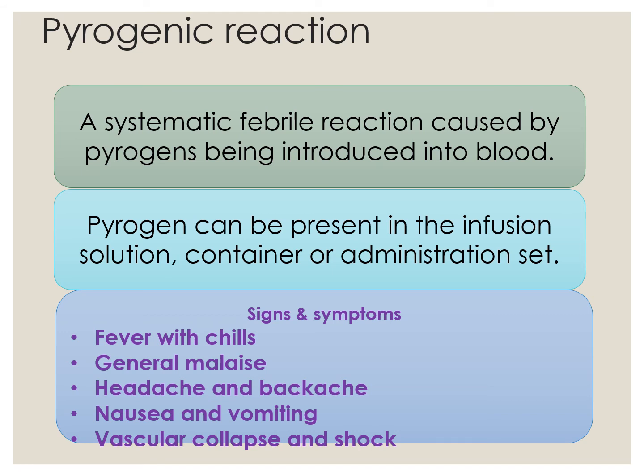The immediate signs and symptoms you will notice in the patient are fever, because it is like an infection. The patient may develop fever with chills, general malaise. The patient may complain of headache, backache, nausea and vomiting, and sometimes if it is not treated, it can lead to vascular collapse and shock.